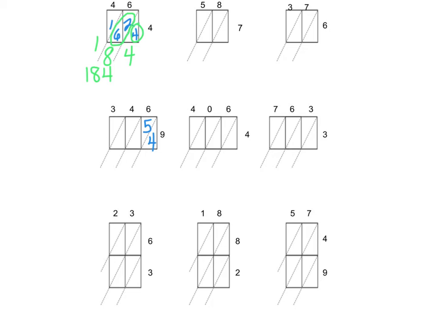Then we're going to take a look at the 9 again, and now we're going to multiply times the 4 up here. So 9 times 4 is 36. And then we're going to take the 9 times 3, which happens to be 27.